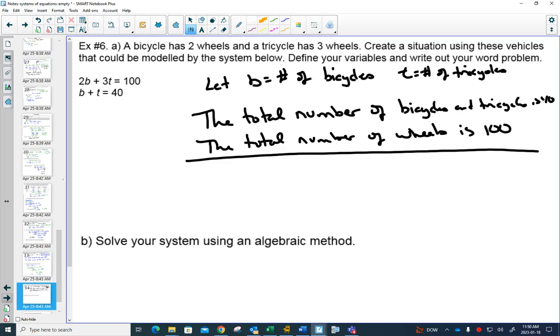Now, my exciting question would be the following. Because it just says use these vehicles. It didn't say you had to use wheels, right?